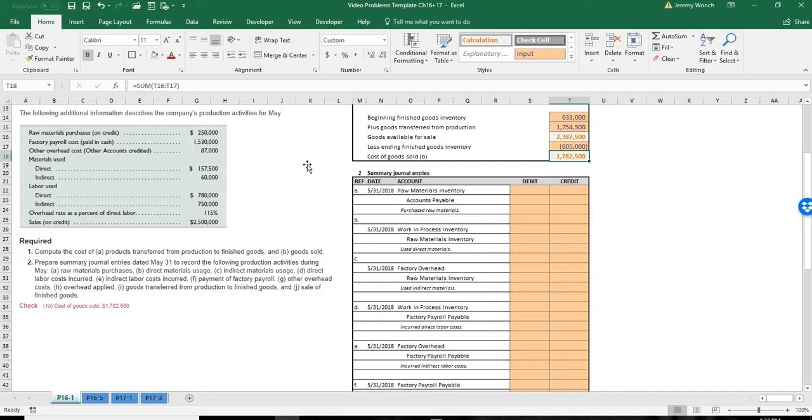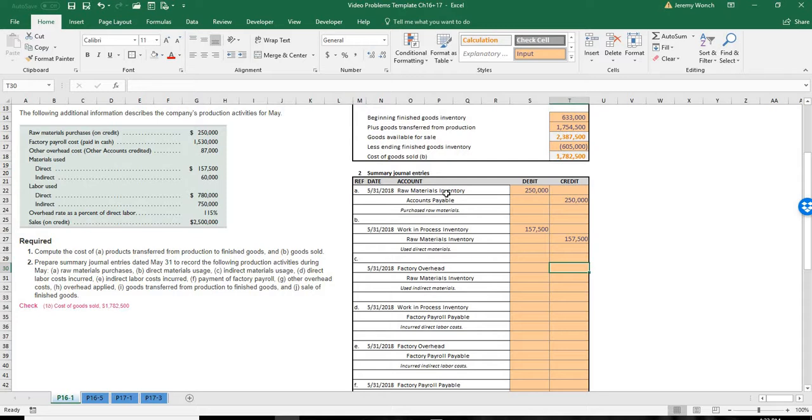We purchased raw materials on credit of 250,000, so we increase raw materials inventory and increase accounts payable. Then direct materials used is what we added over here, the 157,500, so that goes into work in process and out of raw materials.